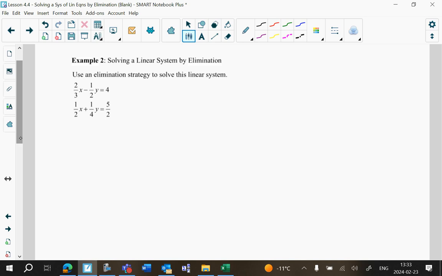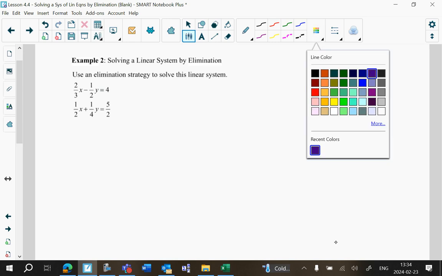Yeah, that looks a little ugly. Why does it look ugly? What's making it ugly? The fractions. How can we beautify this, as in get rid of the fractions? Multiply this by 6.